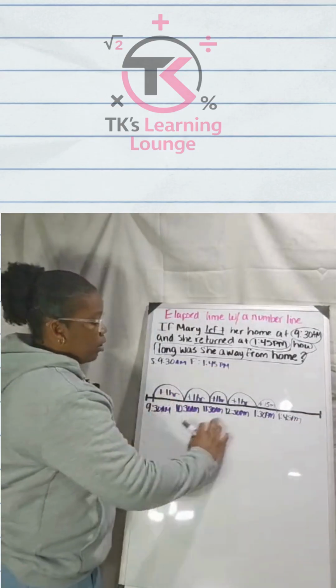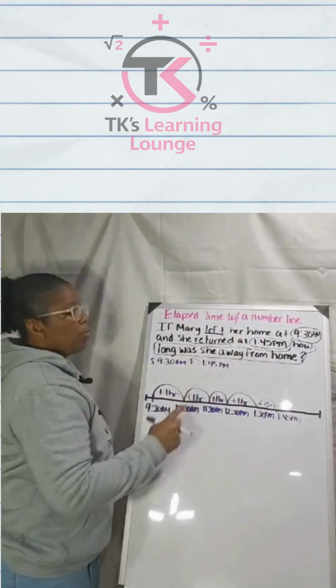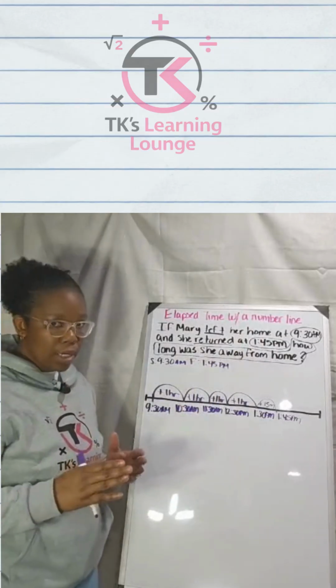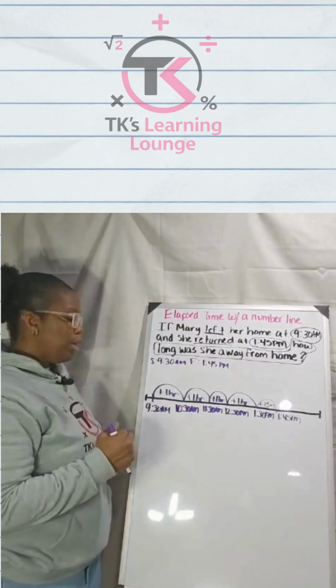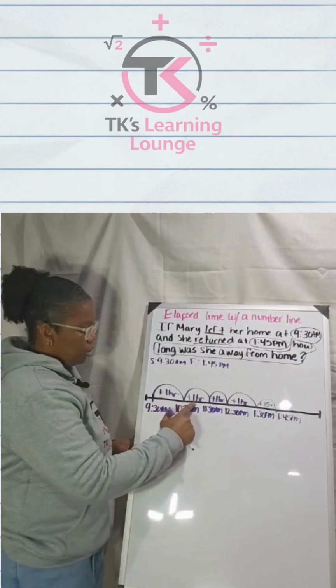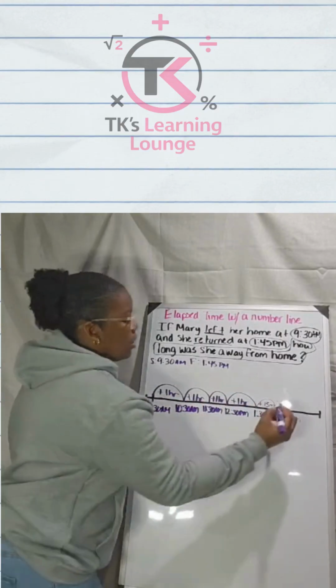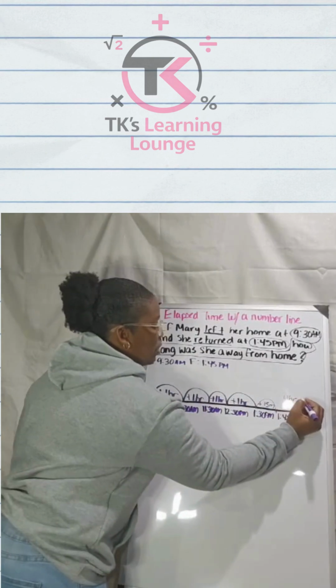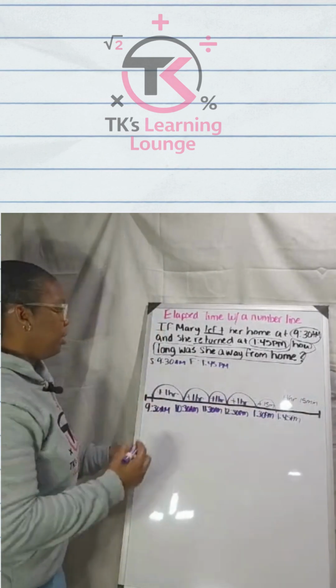So now I've done all the work to figure out the time, but I need to make sure that I'm answering the question. How long was she away from home? I still do not know that yet because I have not calculated my jumps yet. So now I'm going to go back and count: 1 hour, 2, 3, 4 hours and 15 minutes. So I know my total is 4 hours and 15 minutes, but I'm going to answer the question in a complete sentence.